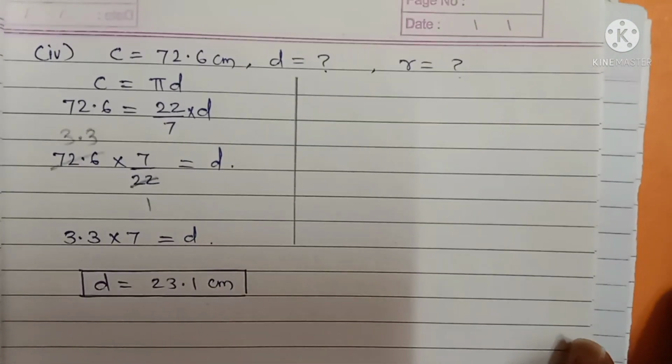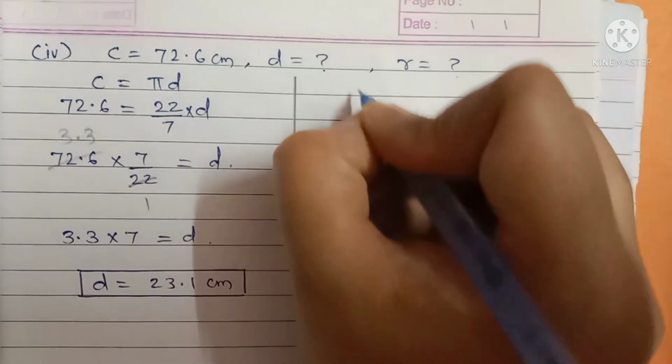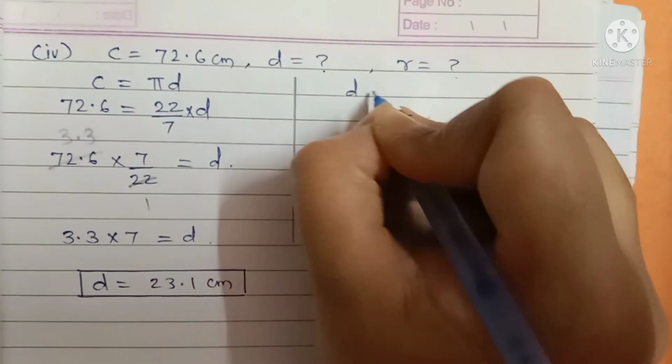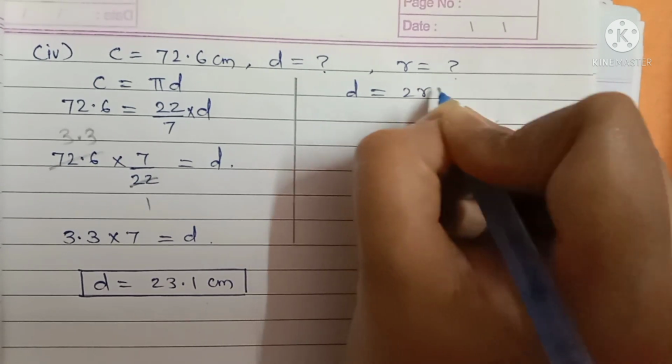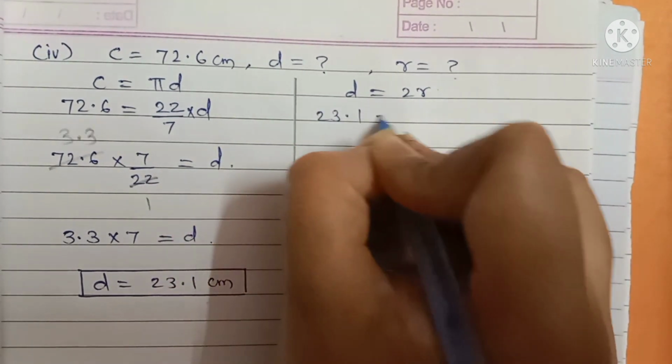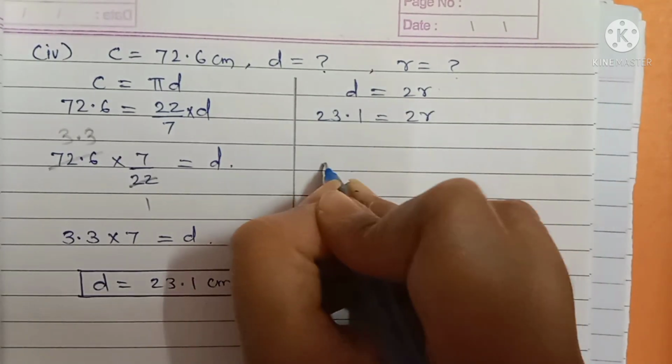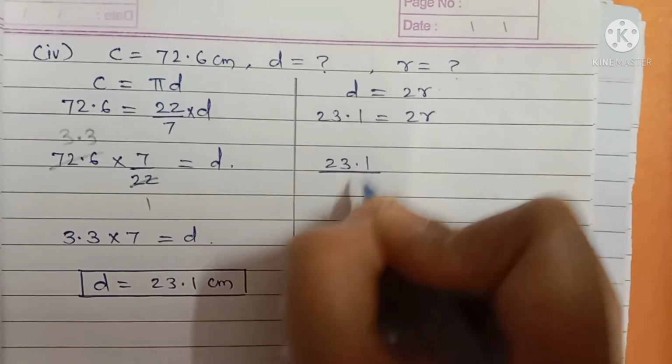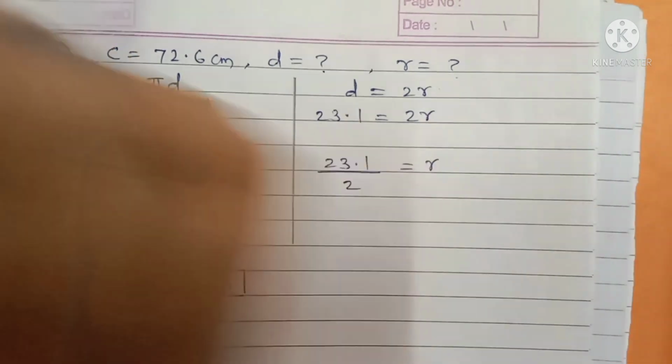Now find the value of r. Again d is equal to 2r. d is 23.1, is equal to 2r. Now 23.1 upon 2 is equal to r.